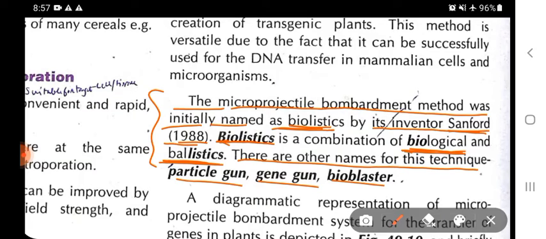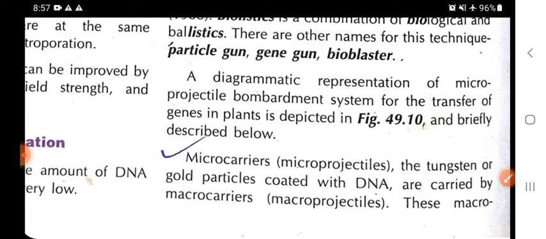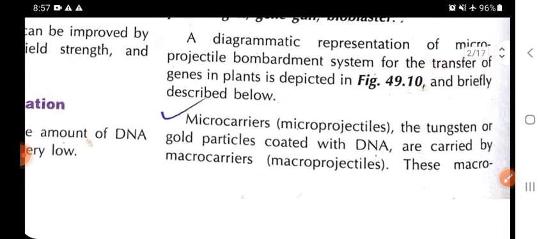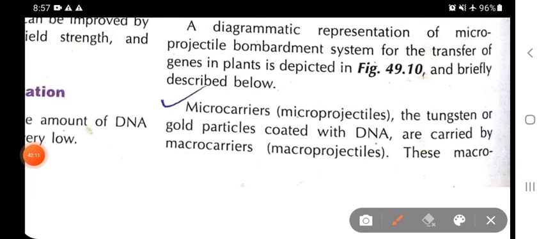Okay, now let us see the technique. A diagrammatic presentation has been given in the notes above. We have to see the main principle of this technique and then the advantages and disadvantages. There are microcarriers, or microprojectiles, in this ballistic method.